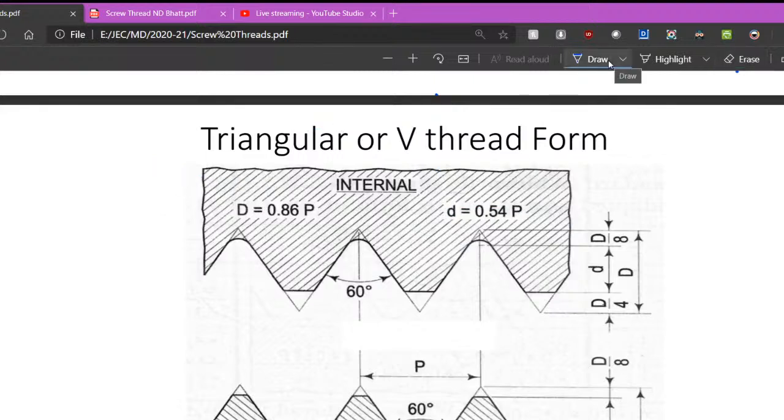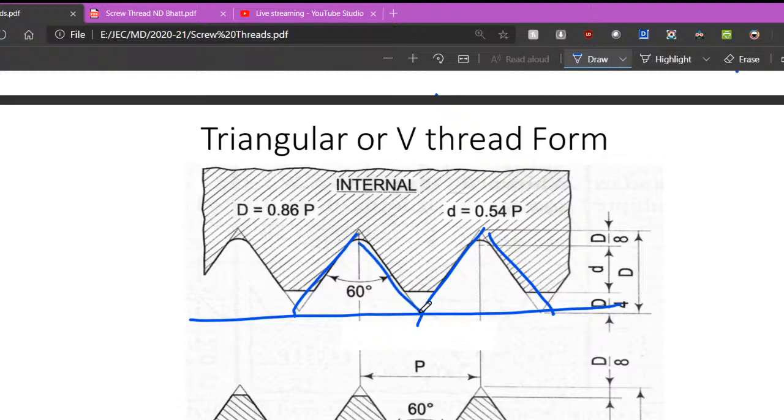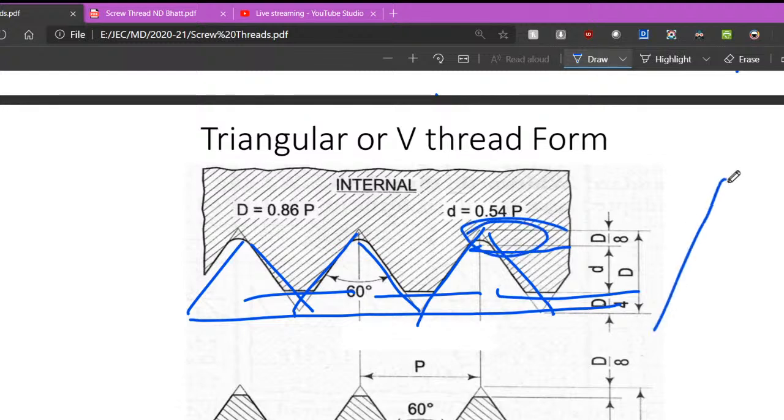So you see, there is a triangle and threads are cut from these triangles. We have cut off this much from the crest side and left some material on the root side. There is a difficulty in cutting an exact V thread. Here we need an exactly pointed tool to cut it.